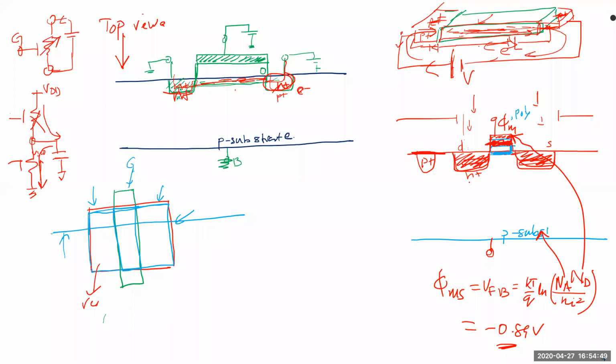And this is done for the same type with the same majority carrier as the channel. So in this case, this will be N, this will be N plus. In case of a PMOS, this will be P plus and P plus. And obviously in that case, the poly gets doped with P type, and you get a work function difference between phi M and phi N, but now it will be a positive quantity because it's the reverse.